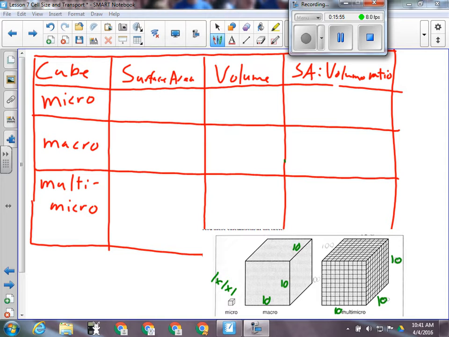So to calculate its surface area, we just said we go length times width times the number of sides. Because it's a cube, all the sides are equal. So that's going to be 1 times 6. There's 6 sides to a cube. So the surface area of micro is 6 square micrometers.